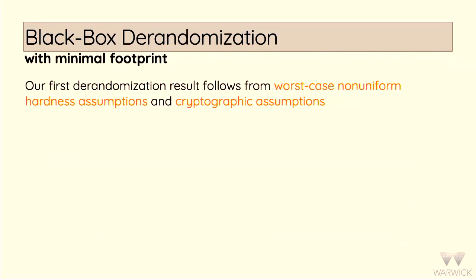Okay, so let's talk about our minimal footprint result. The first one, the black box one, follows from worst-case non-uniform hardness assumptions and crypto assumptions. So what's the first assumption?